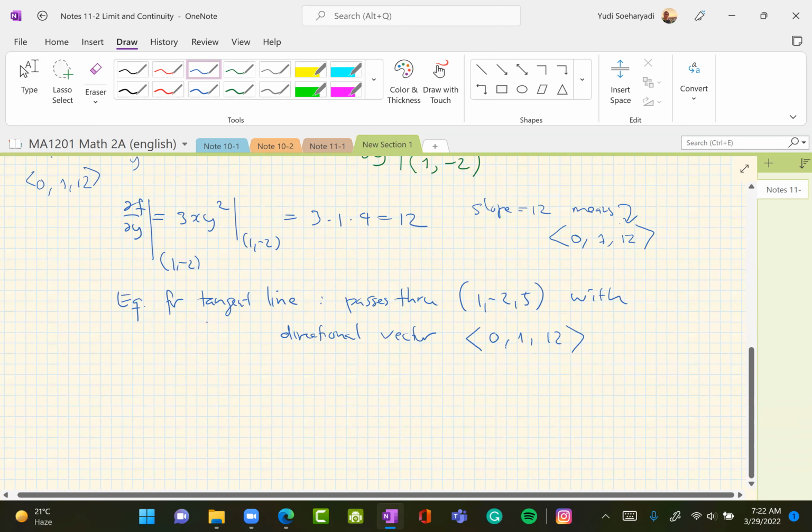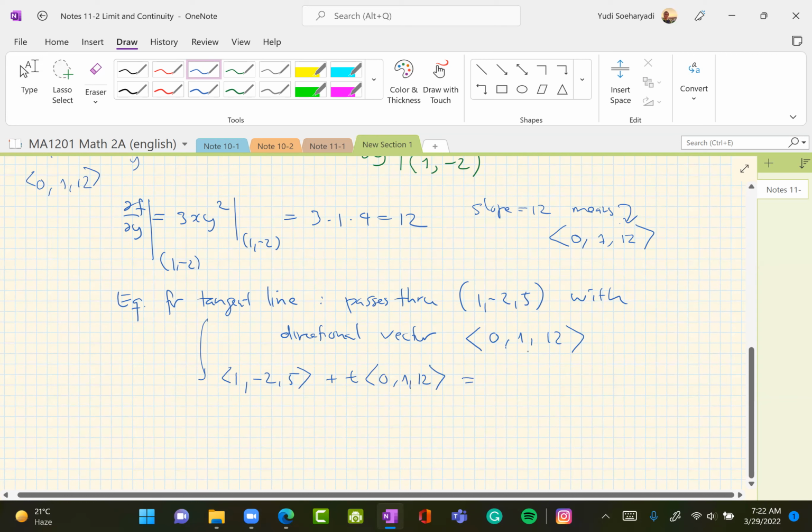So the equation for the line is just 1, -2, 5 as a vector, plus t times this directional vector.